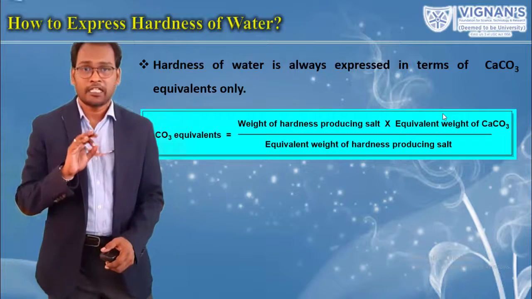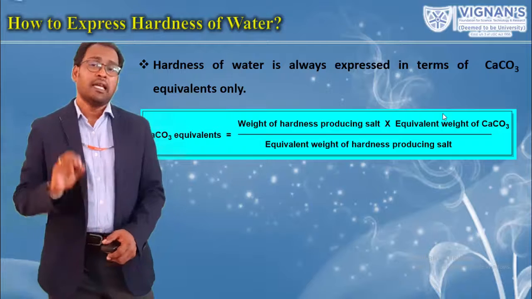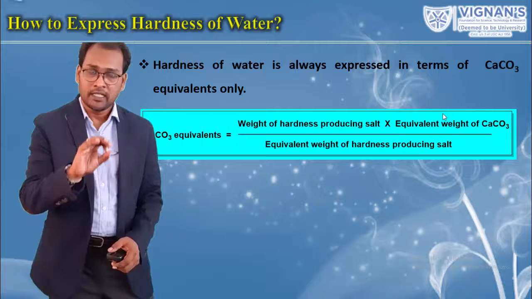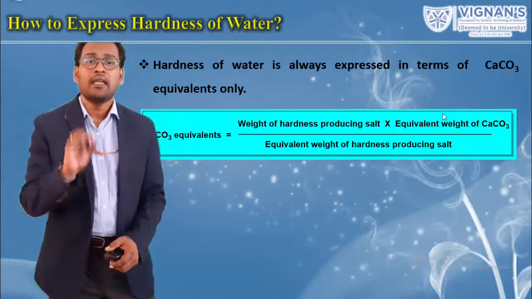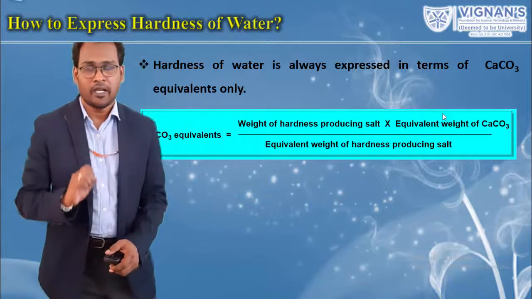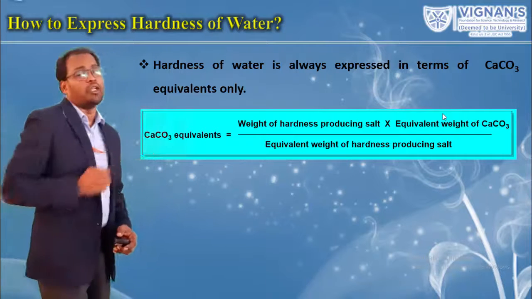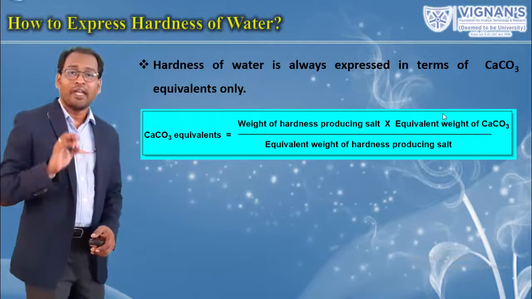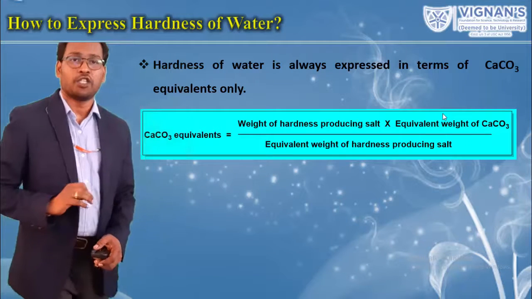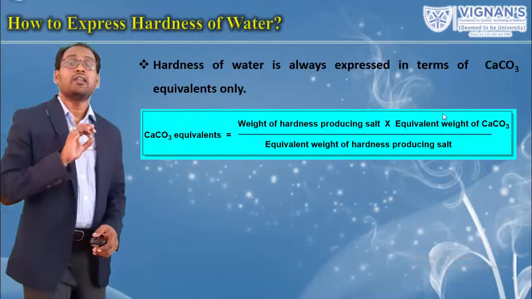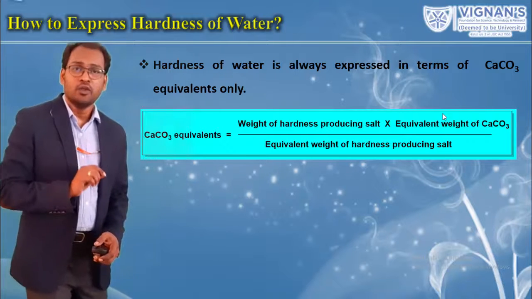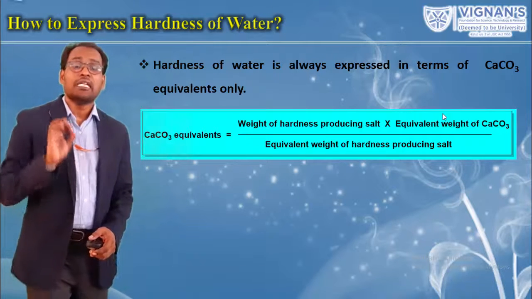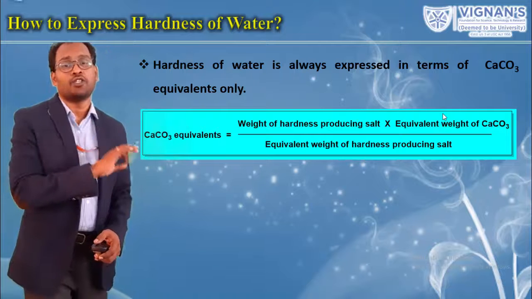If you know the amount of hardness-causing salt present in the sample, you can easily calculate the calcium carbonate equivalence using this equation: calcium carbonate equivalence equals the weight in grams of the hardness-causing salt, multiplied by the equivalent weight of calcium carbonate, divided by the equivalent weight of the hardness-producing salt.